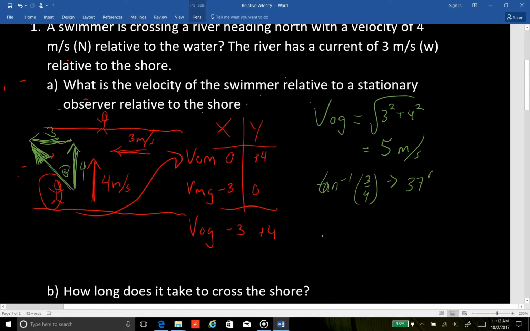You would say the velocity of the object relative to the ground would be 5 meters per second, we'll say north, 37 degrees west.